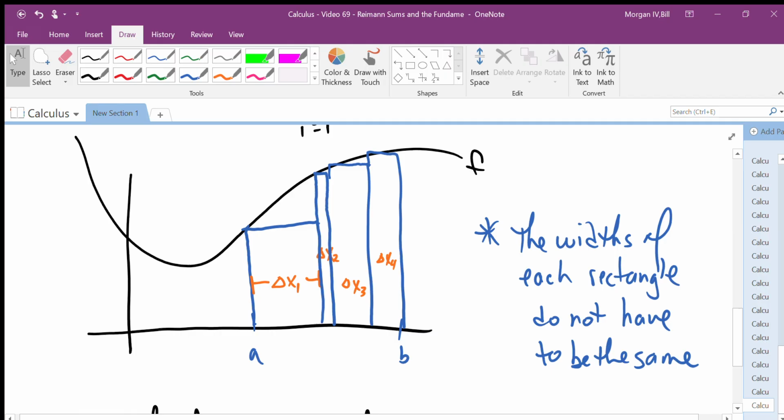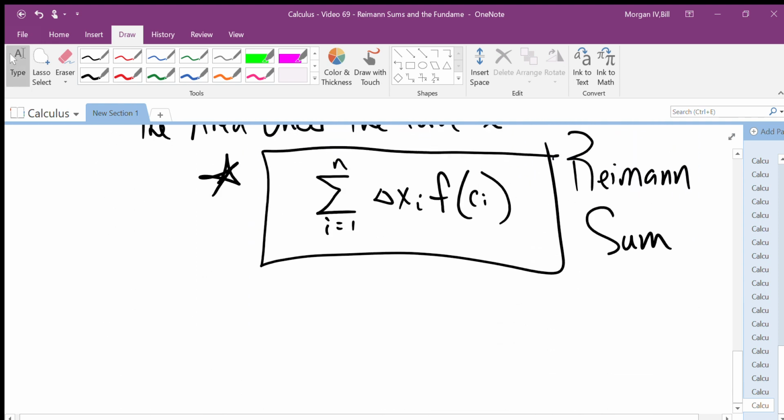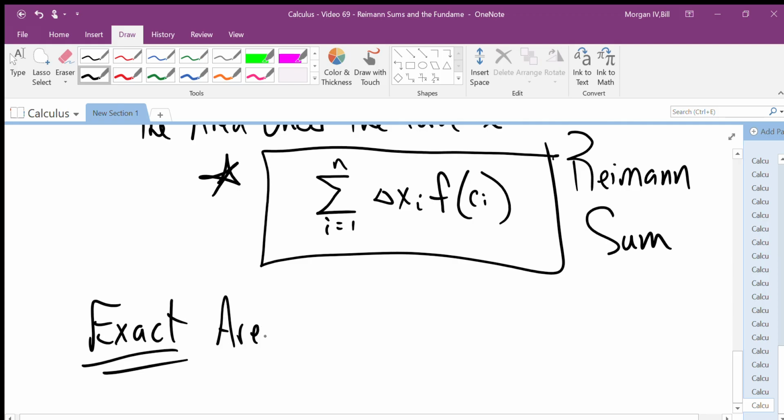Have 1,000,000 rectangles. The more rectangles you have, the more accurate it becomes, until we get the exact area under the curve by having an infinite number of rectangles. Or, more accurately, letting the number of rectangles approach infinity. Okay. Exact area under the curve.